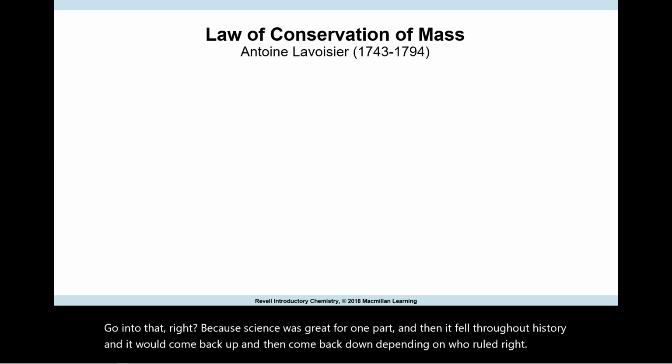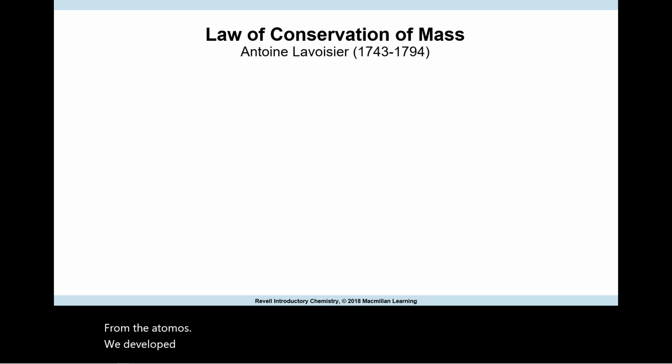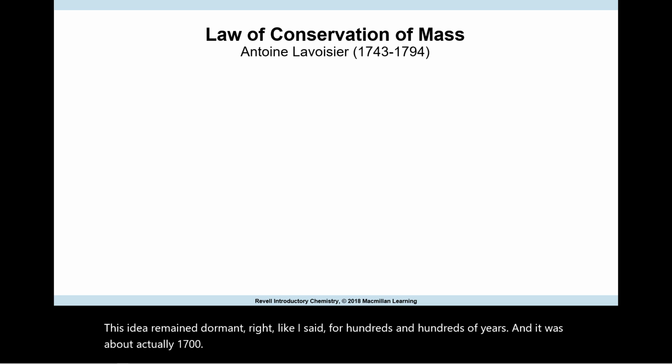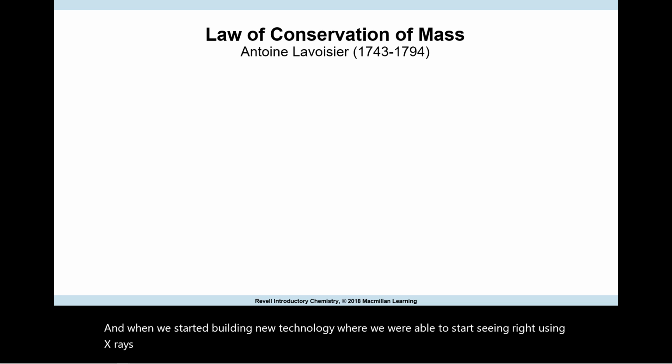And this idea remained dormant for hundreds and hundreds of years. It was about 1700, when we started building new technology where we were able to start seeing, using x-rays and whatnot, what structures really were from these molecules.